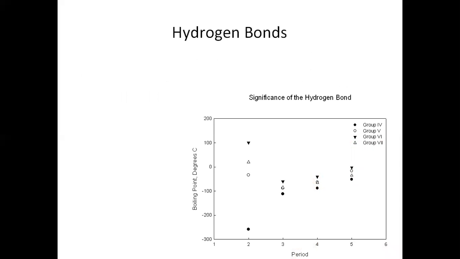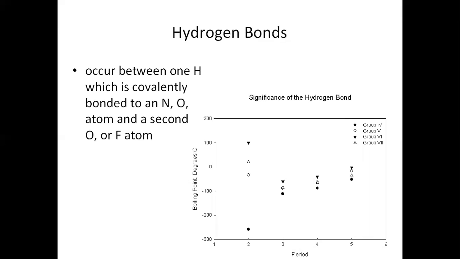Because of the central role of the hydrogen bond to biochemistry, we must spend some time and make sure that we understand them thoroughly. A hydrogen bond occurs when a hydrogen is attached to a nitrogen, oxygen, or fluorine atom and comes in proximity to a second nitrogen, oxygen, or fluorine atom.